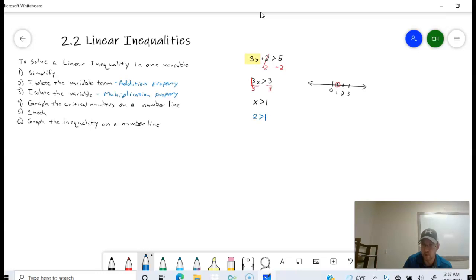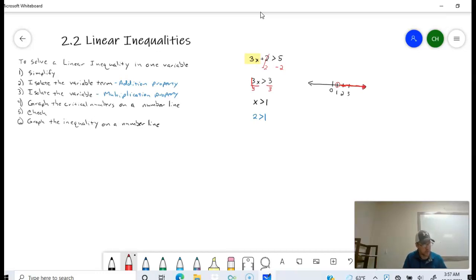That is true. So 2 needs to be included in my graph. 2 is to the right, so I need to graph it going to positive infinity. So x could be any number from 1.000001 all the way up to positive infinity.